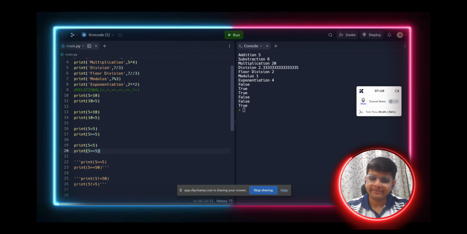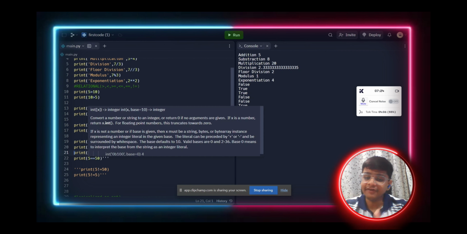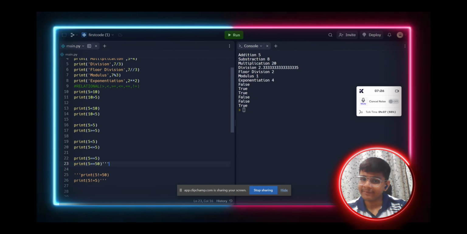The same thing happens with the less than and less than or equal to operators. 5 less than 5 is not true, but 5 less than or equal to 5 is true because of the equal to element of that operator. So here print 5 equals to 5.